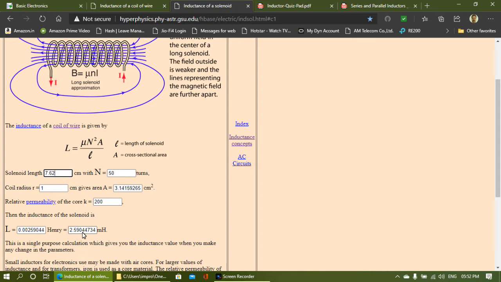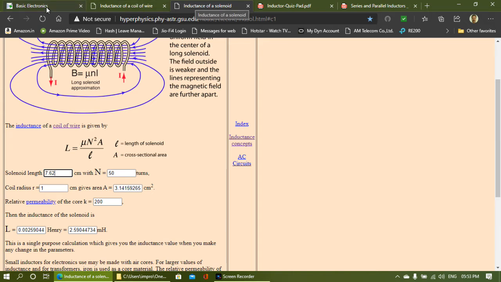Note it down, approximately 2.59 millihenry is your inductance in case of 3 inch length of inductor.